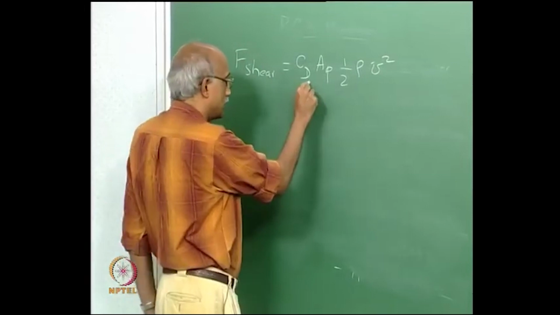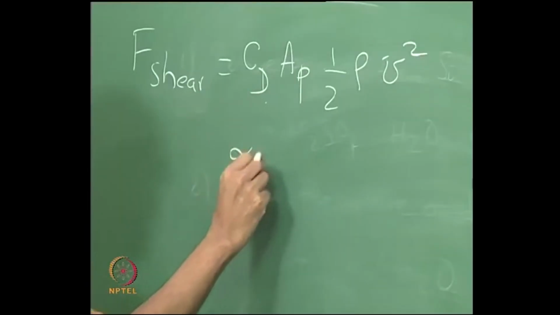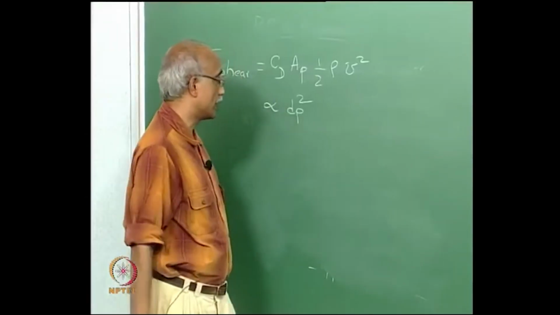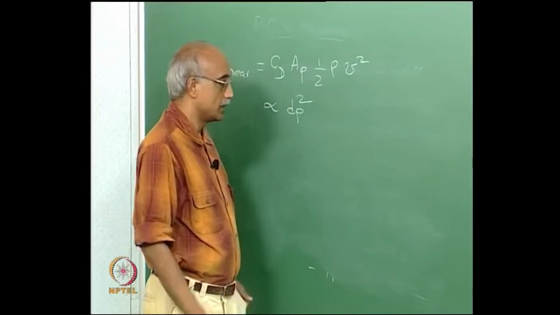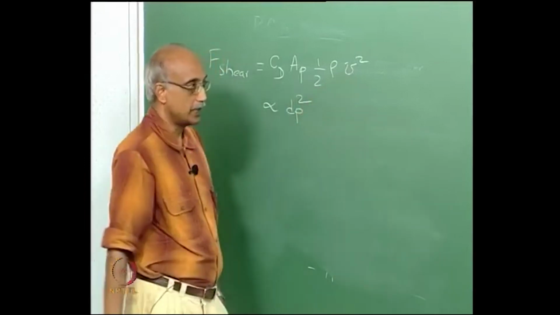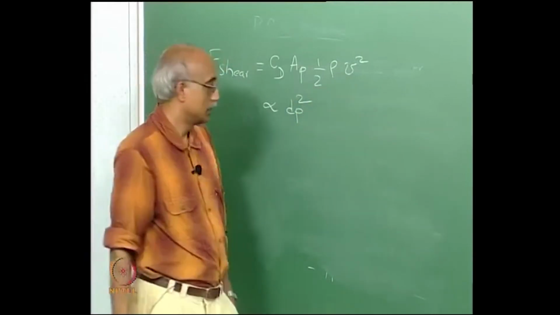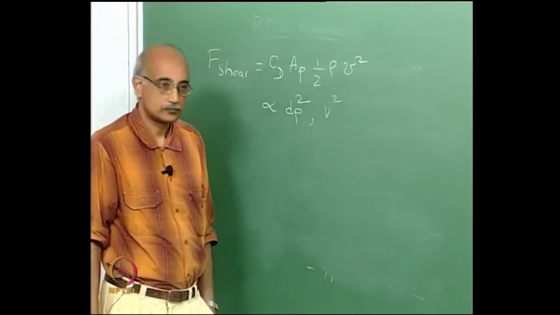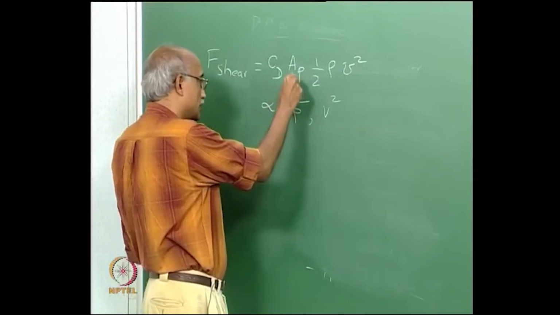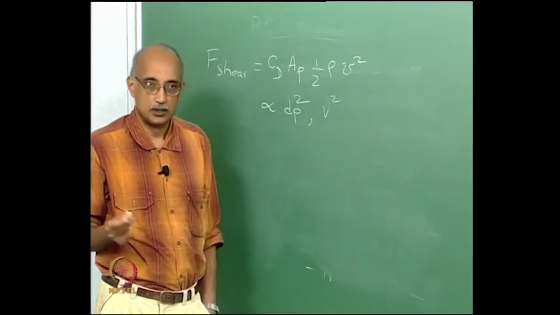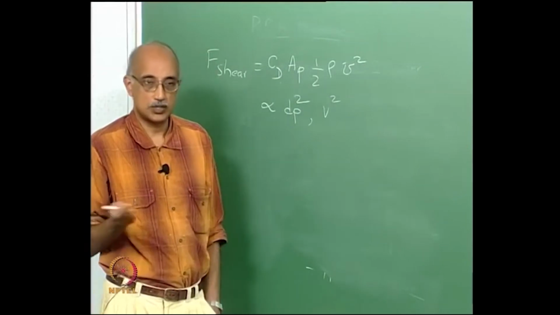Now in this case again you have a proportionality to dp squared, assuming that it is a spherical particle. The area of the particle is still proportional to the square of the size, so that does not change, but now the velocity has a greater effect, whereas previously we had a linear dependence on V, now we have a V squared dependence. And of course, at this stage the drag coefficient, which itself is a function of Reynolds number, also starts to play a role.